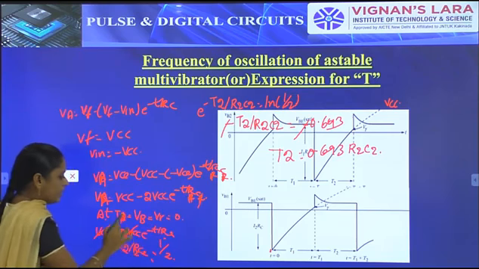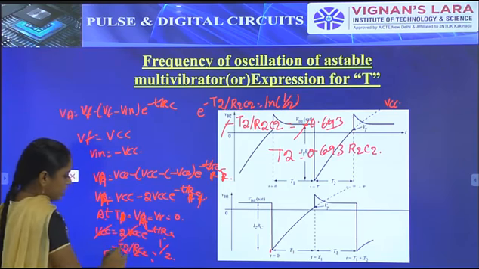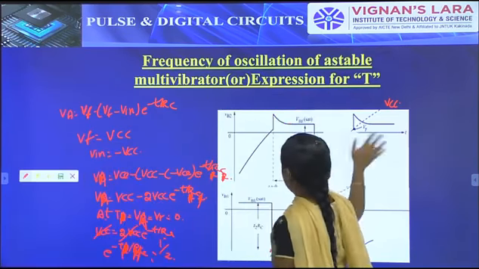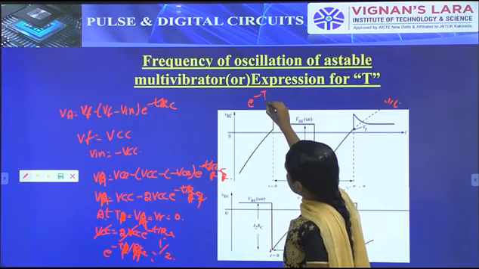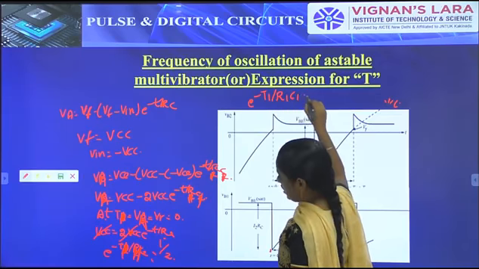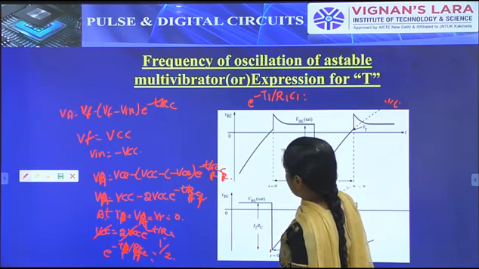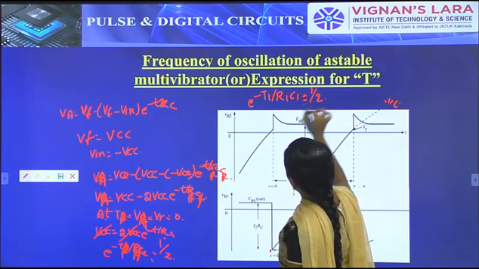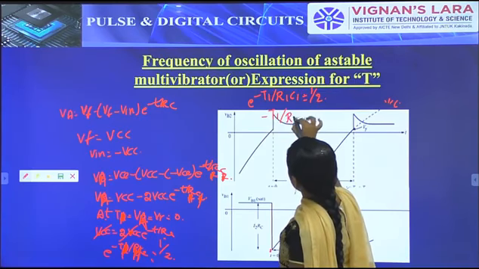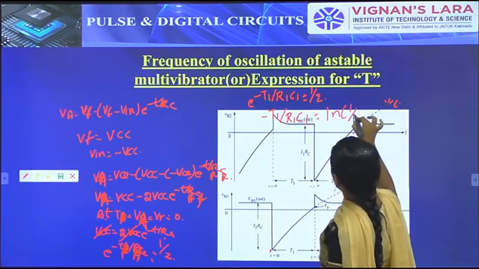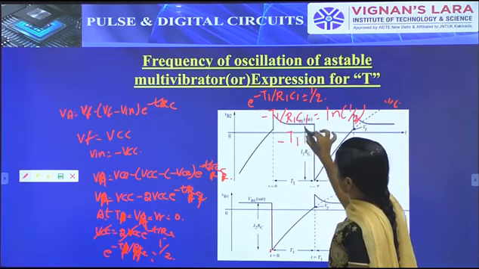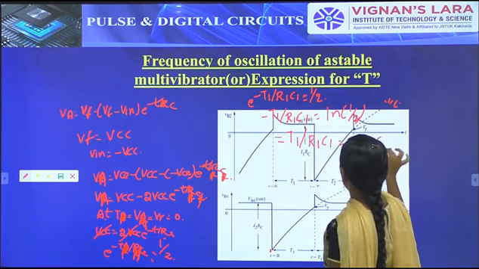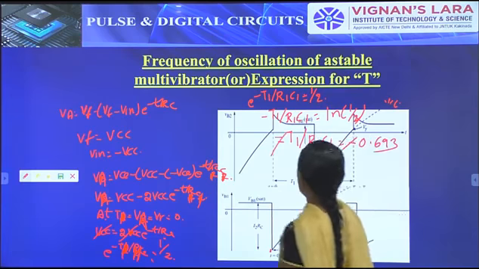At T is equal to T1, VB will be V gamma, which is equal to 0. That is, e power minus T1 by R1 C1 is equal to 1 by 2, so minus T1 by R1 C1 is equal to ln of 1 by 2, nothing but minus 0.693, and the minus will be cancelled.